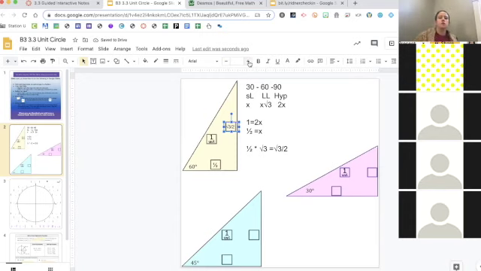Okay, so all I've done so far is found what the length of the short side and the long side would be using the ratios for 30, 60, 90s. That's why these are called special right triangles. They're very common to use.